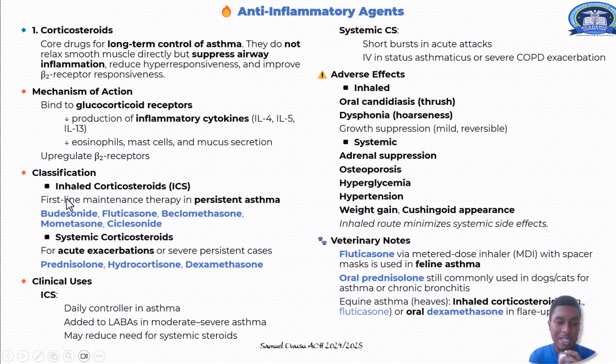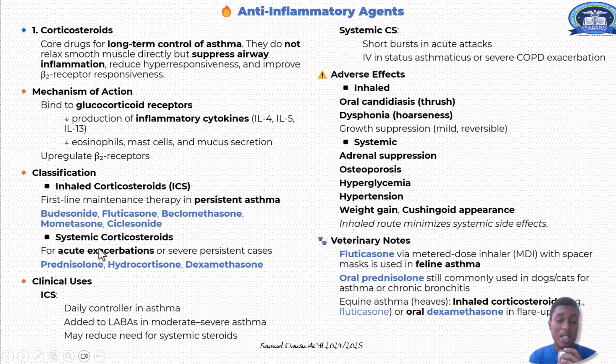So they are the first-line maintenance management. You give inhaled corticosteroids together with the beta 2 agonist, and then there's the muscarinic antagonist as well, in persistent asthma. The most common ones that we use are budesonide and fluticasone. Budesonide is the one that is mostly used in our setting.